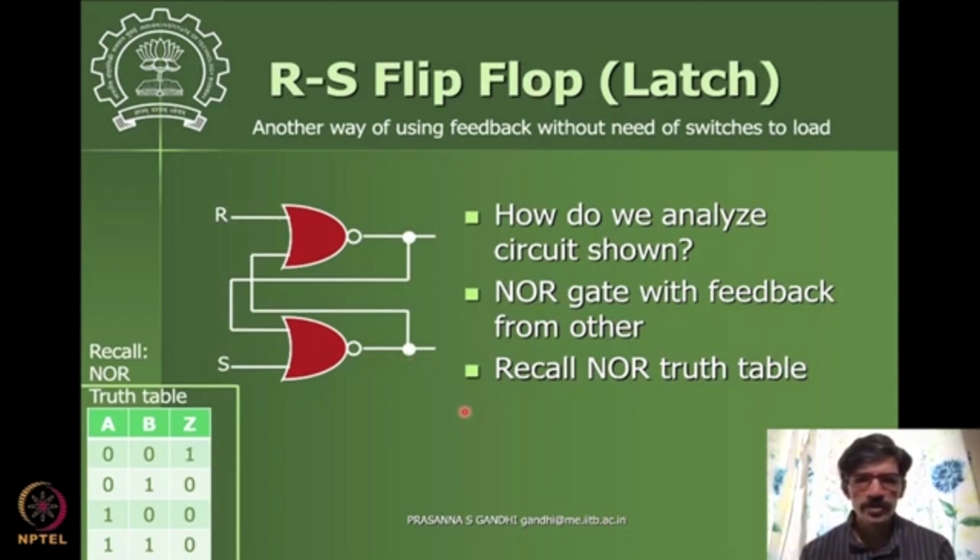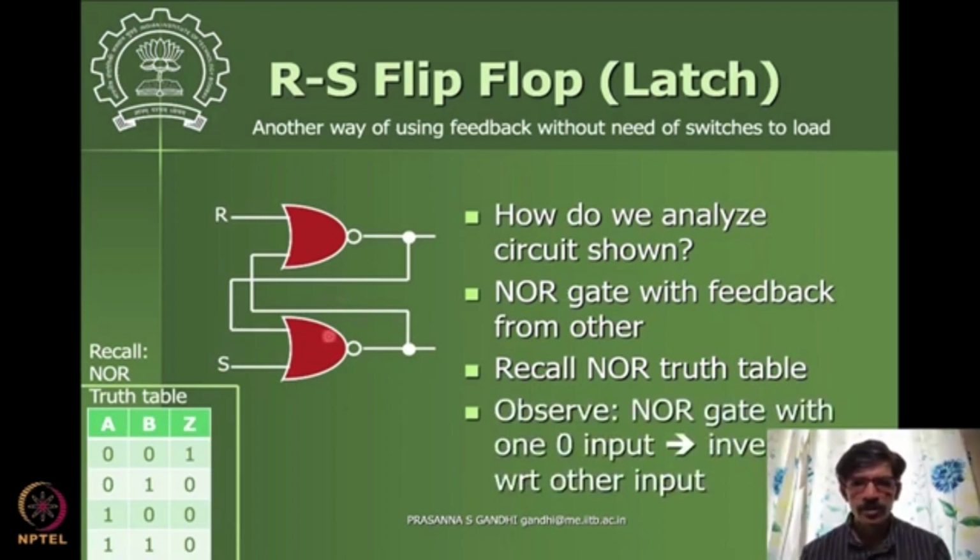A simple way to think is that a NOR gate with one input 0 acts as an inverter with respect to the other input. Say input A is 0, then B to this output of the NOR gate is acting as an inverter, or as a NOT gate.